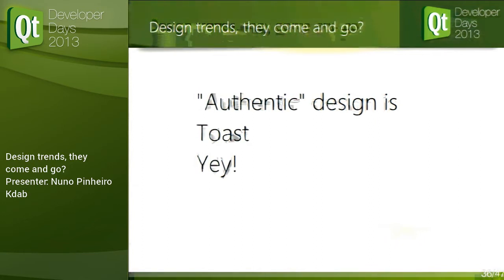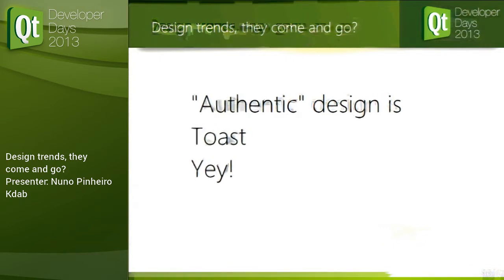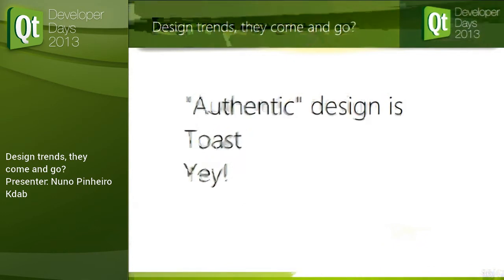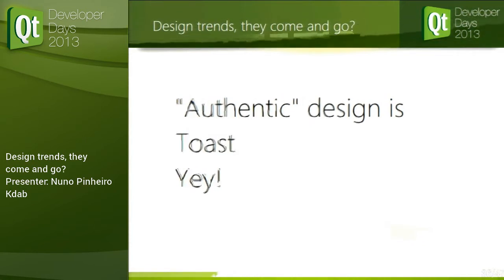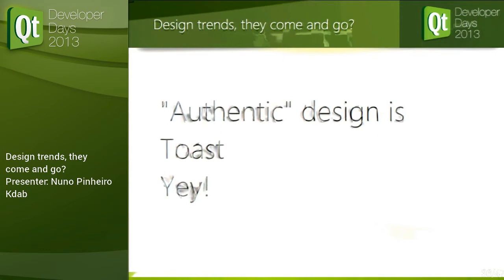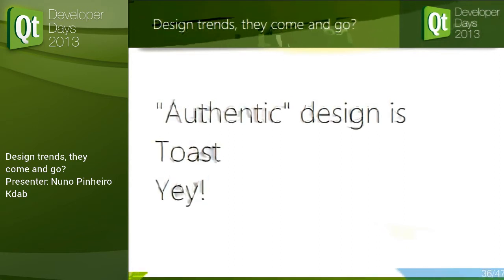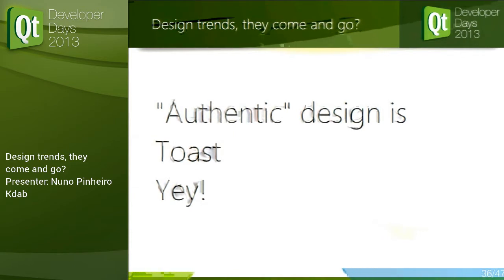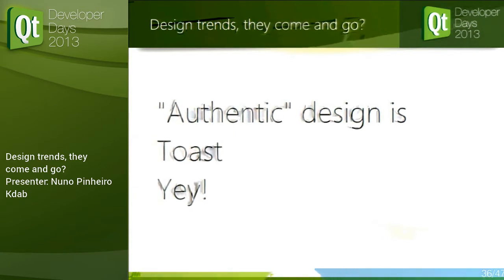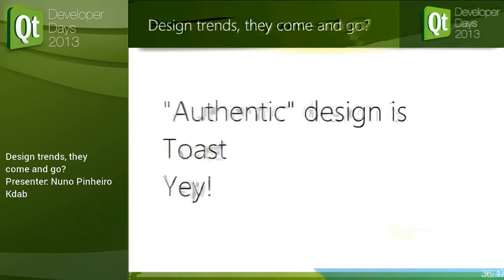And now comes modernism, the new modernism for computers, and it's gone, it's toast. So if we map this to architecture, and we see that modernism kind of died in a way and gave space to postmodernism, then authentic design is also toast and it's going to die. So we don't need to care about it.